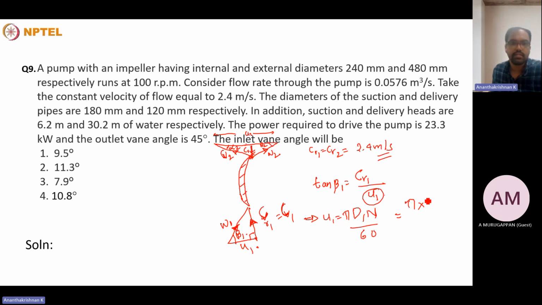Diameter of the suction, delivery side, I beg your pardon, that diameter is 240 mm. So it will be 240 at the inlet side to the pump, multiplied by 100 RPM given in the problem, divided by 60.